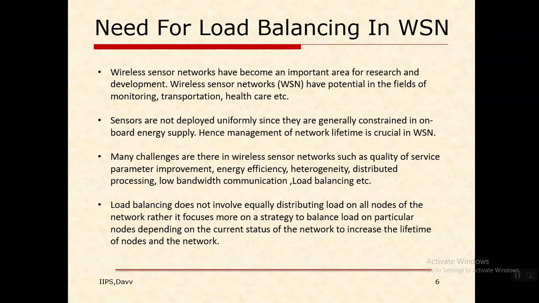Hence, management of the life of the network is very crucial, and hence load balancing comes into play. Here load balancing does not involve only equally distributing the load, but it focuses on strategizing how to balance the load depending on the status and how to balance it efficiently.